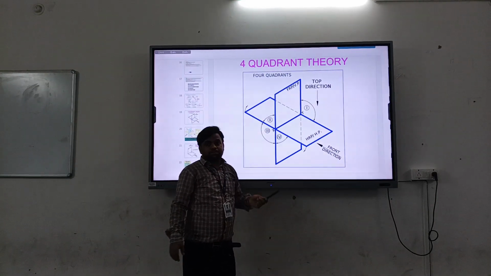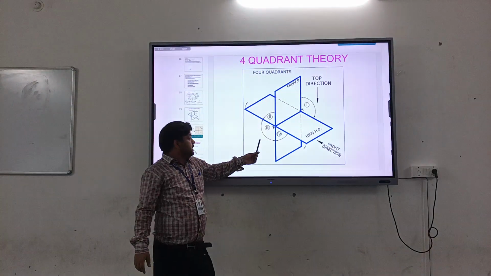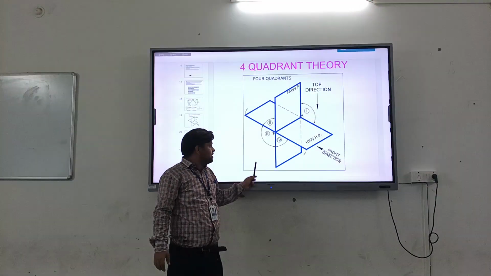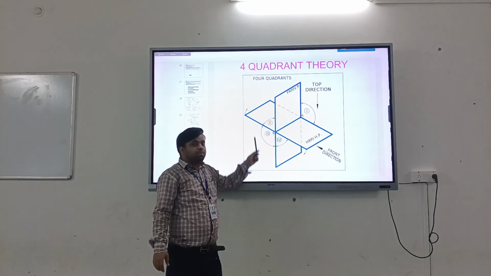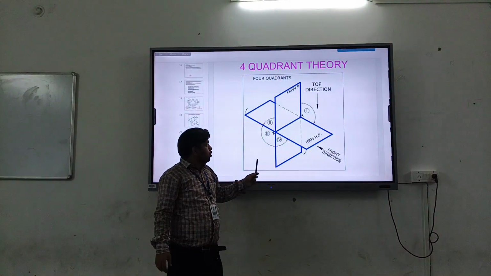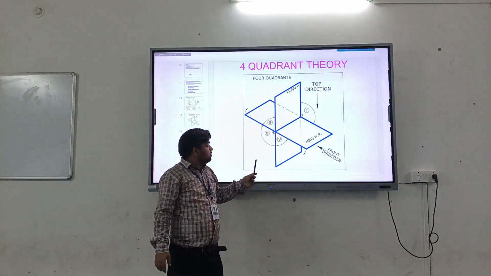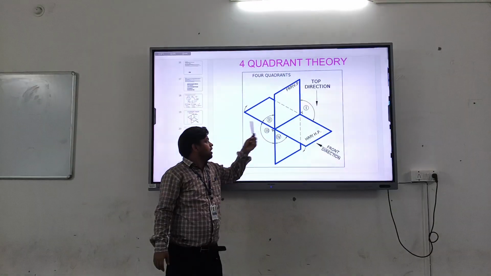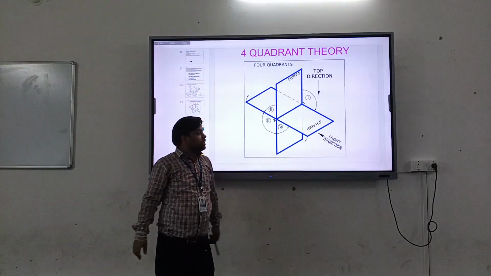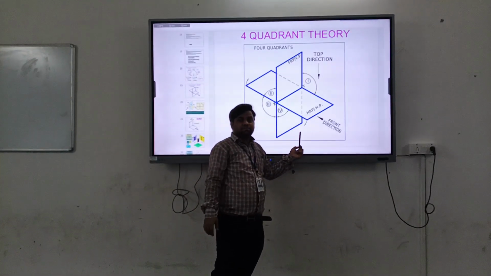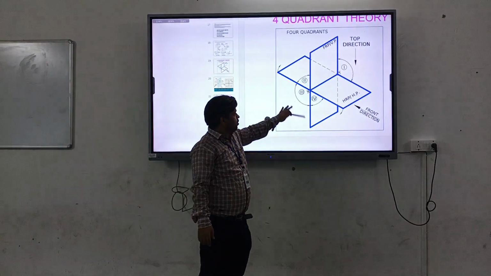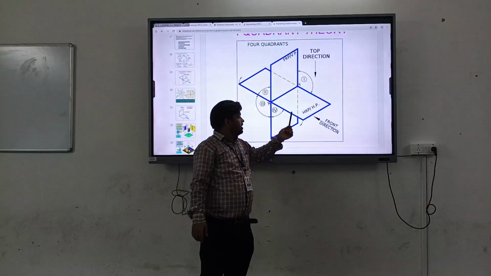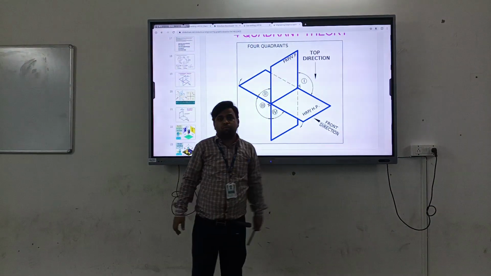But in the third quadrant, the object will be here, so we have to see from the bottom of the object to see the top view, which will lie on the horizontal plane, and the front view will lie in the vertical plane. Similarly, in the fourth quadrant, the top view lies in the horizontal plane and the front view in the vertical plane.